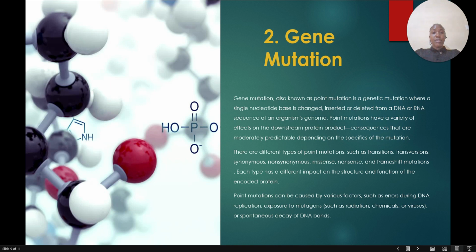There are different types of point mutation, i.e., transition, transversion, synonymous, non-synonymous, missense, nonsense, and frame shift mutations. Each type has a different impact on the structure and function of the encoded protein.